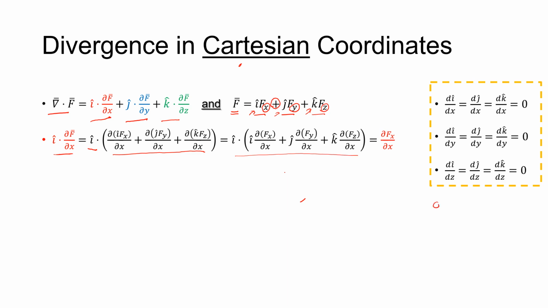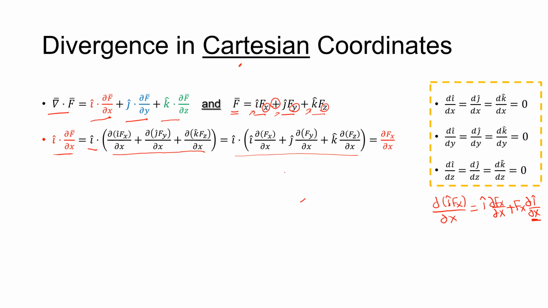If we take one, and it will be the same for the others, partial of i fx by partial x, then we can write i partial fx by partial x plus fx partial i by partial x.